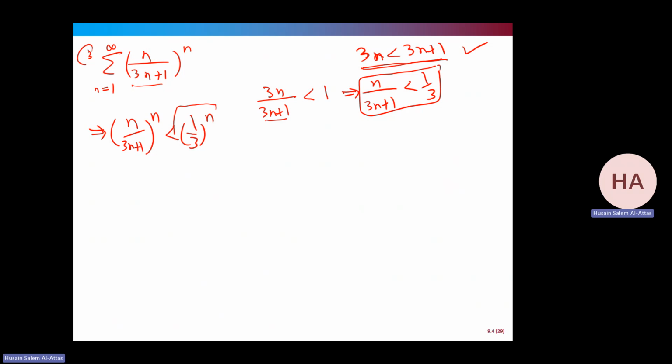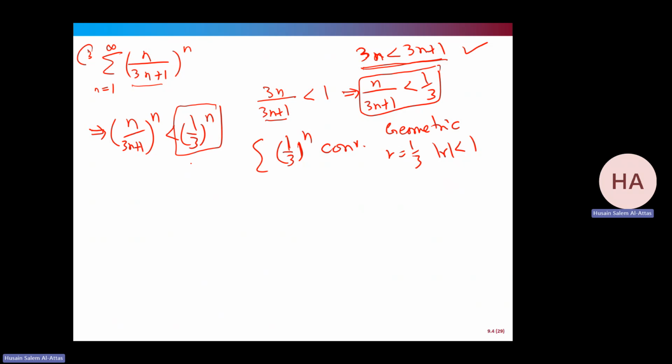So, and this one, for sure, for specific n, huh? That for sure it's divergent. The series 1 over 3 to the power n, this converges, I mean, not diverges, converges, which is geometric with r equal 1 over 3, where the absolute value of r is less than 1.